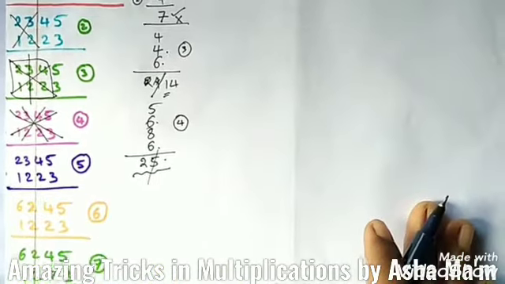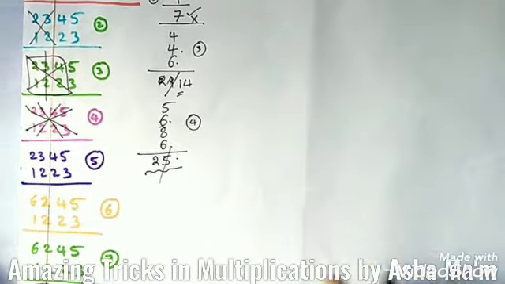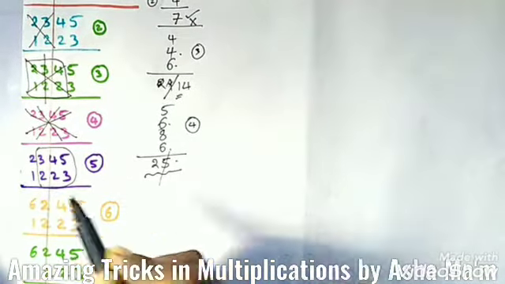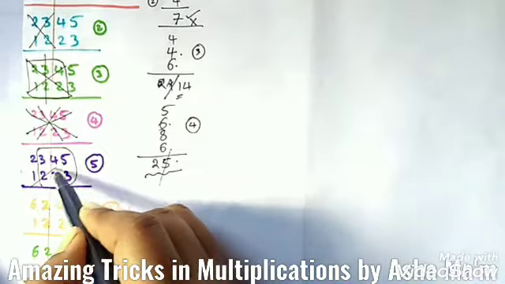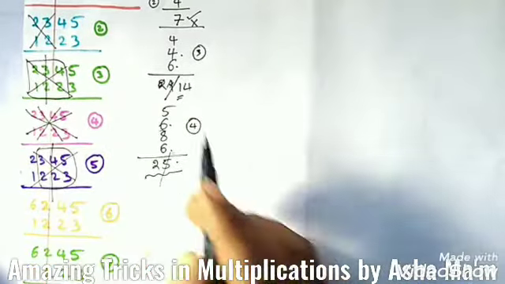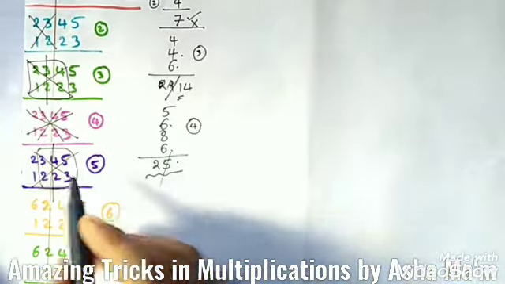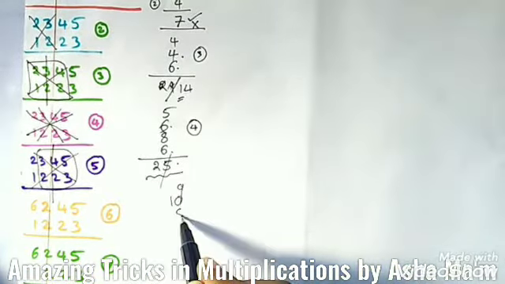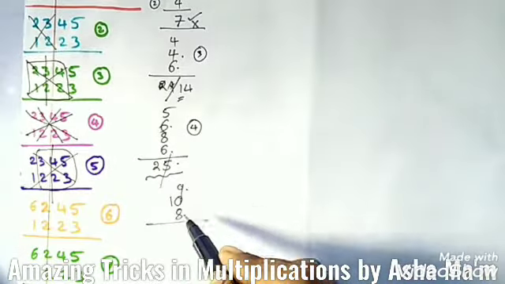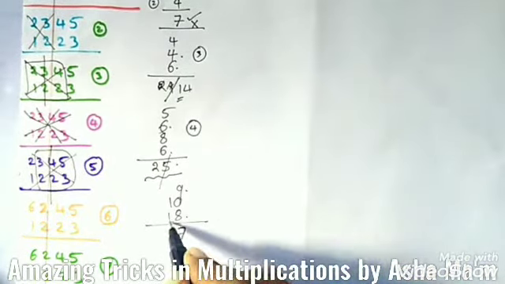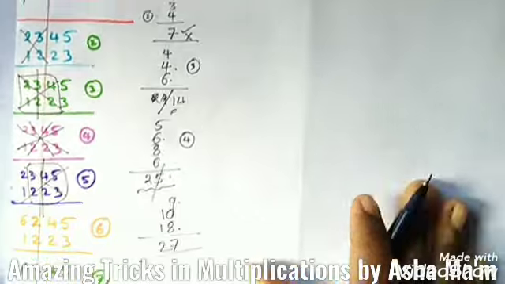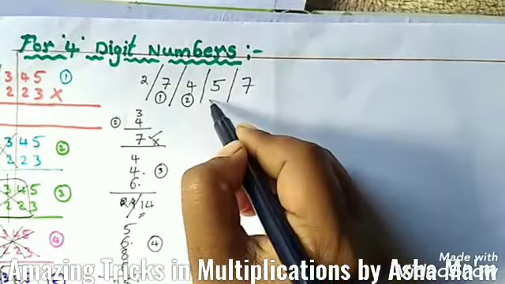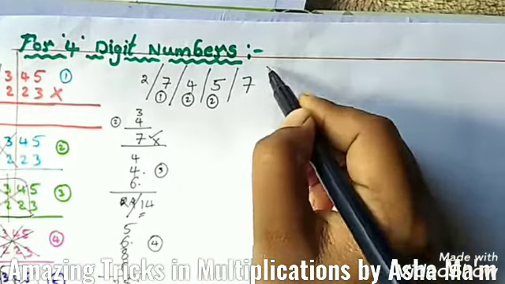Coming to rule number 5, what we have to do? In rule number 5, you have to consider these 3 numbers. Okay, and these corners, again the middle numbers. Now in rule number 5, 3 3s 9, 2 5s 10, 4 2s 8. So 9 plus 8 17, so 27. In this 27 you have to write here only 7. 2 should be below this 5.